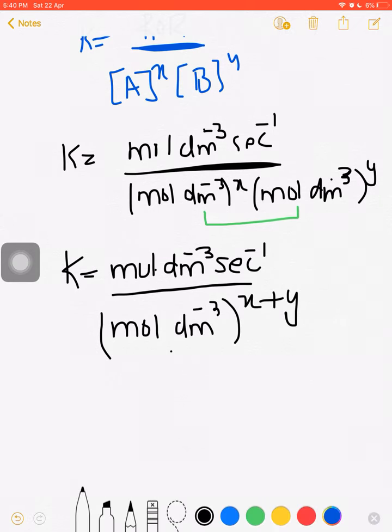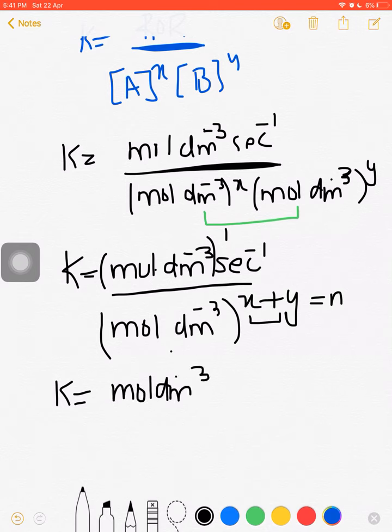Now this mole per dm cube and mole per dm cube are the same. We know that x plus y is equal to n, so we can write this as mole per dm cube to the power 1 minus n, second inverse.